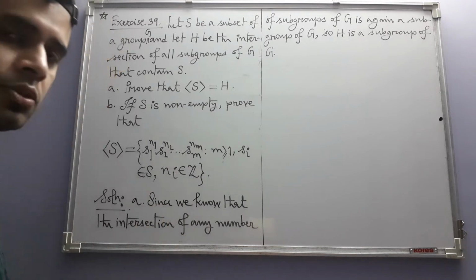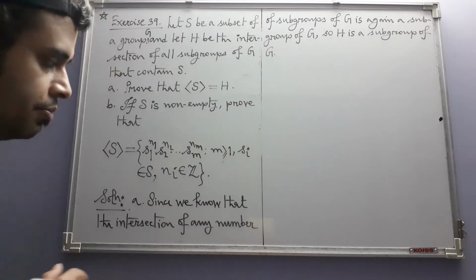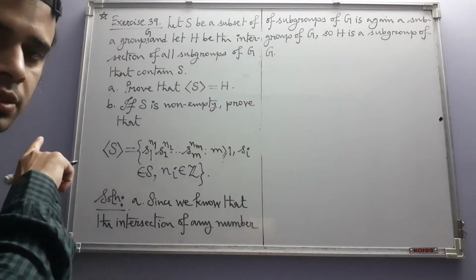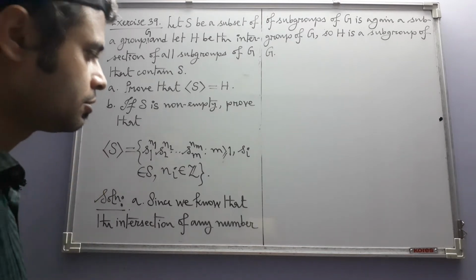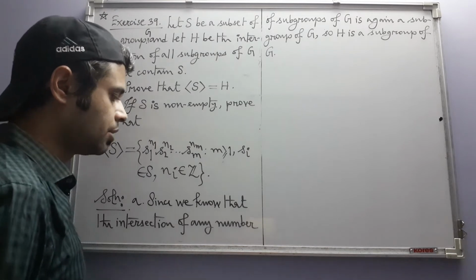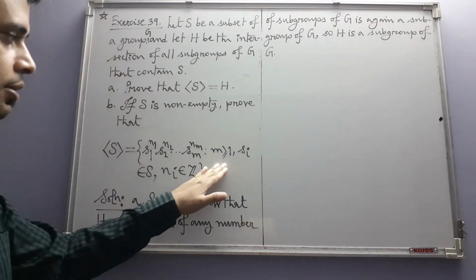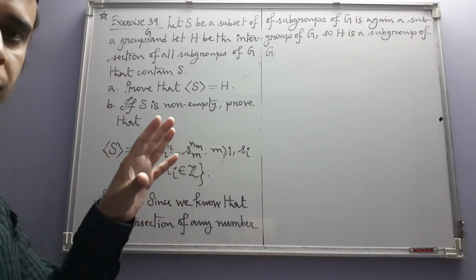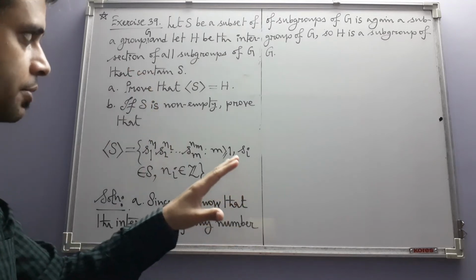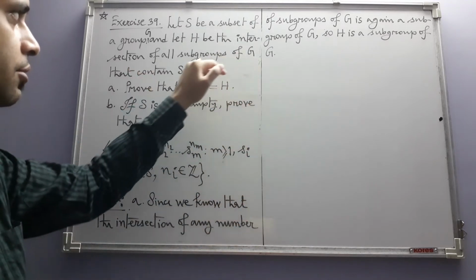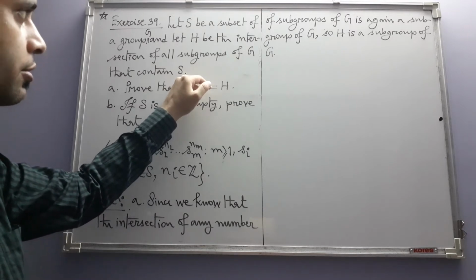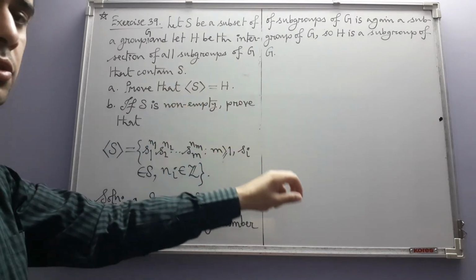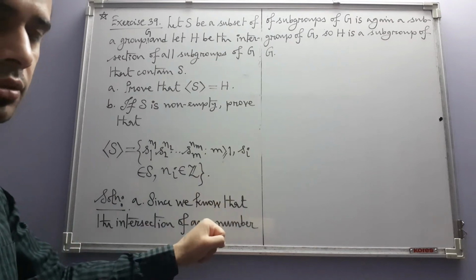The intersection is always going to be a subgroup of G. In fact, we have proved this in one exercise previously. So H is a subgroup of G. Moreover, note that H is the intersection of those subgroups of G, all of which contain S as a subset in them. So that means H also contains S in it.